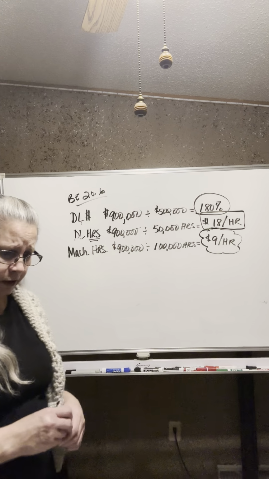All right, once we get a job done, then we will complete the job cost sheet, and then that area down at the bottom will give us a total for our entire product.